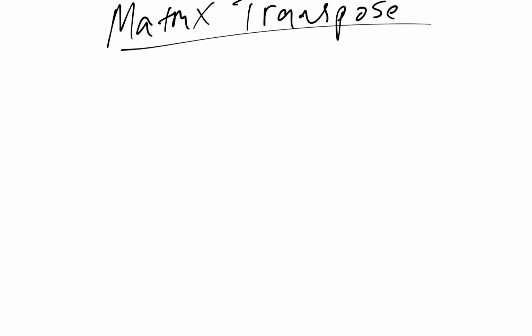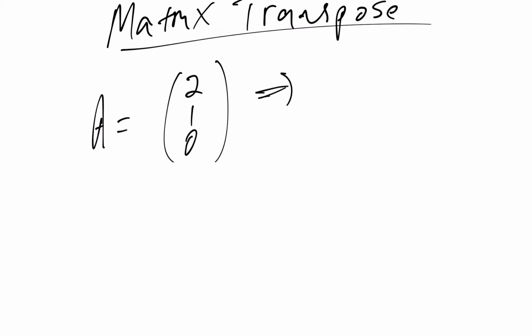Maybe another example that would be much simpler for everyone. Let's consider matrix A again, 2 1 0. The order of this matrix is 3 by 1, 3 rows and 1 column. If we want to find the transpose of A, in your mind you have to know that the order of the transpose will now be 1 by 3.